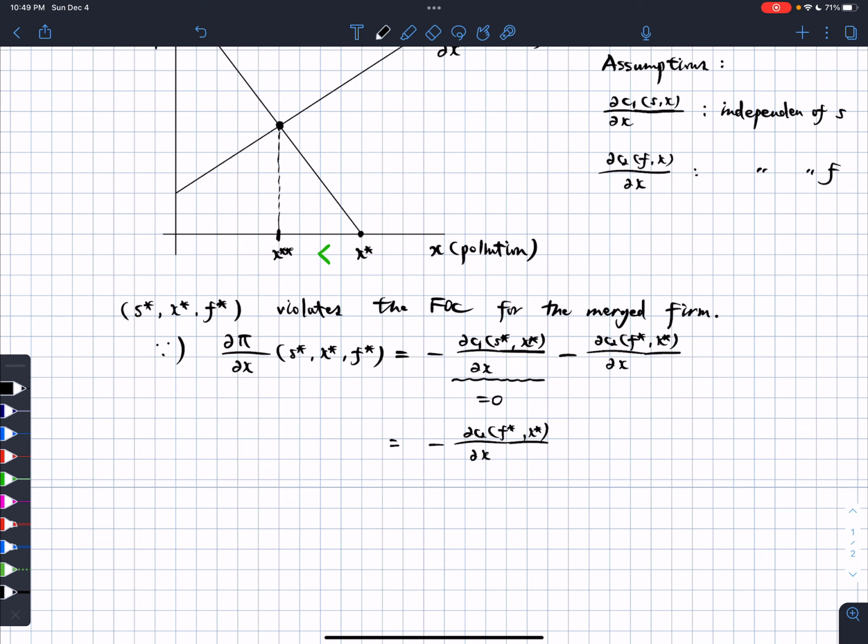I know that this is positive, and therefore the whole thing is negative. And remember that the first order condition requires that this should be equal to 0, but it is not, as you see here.